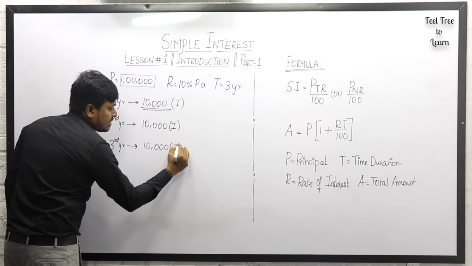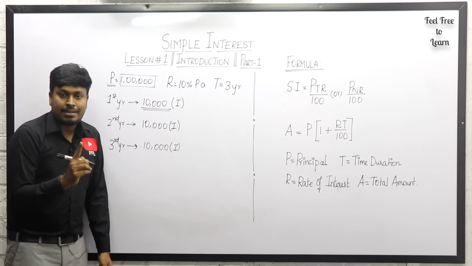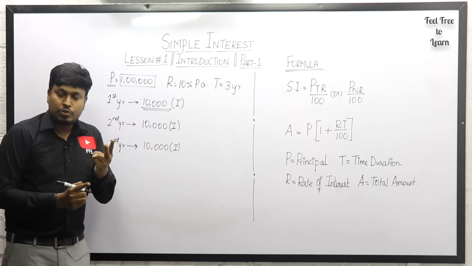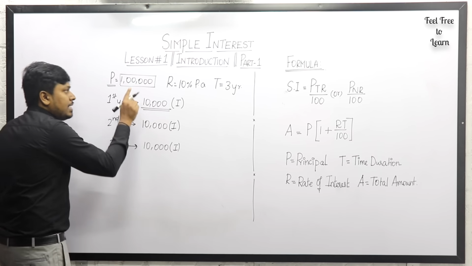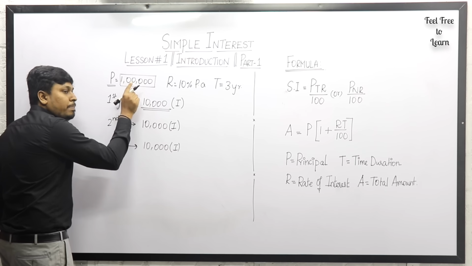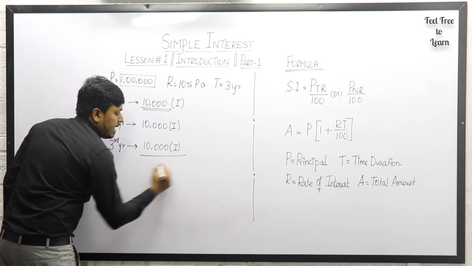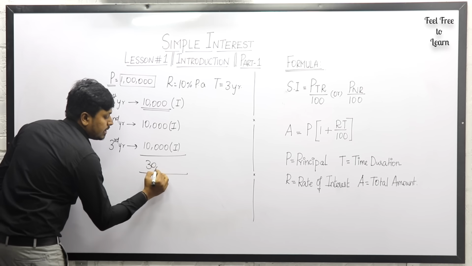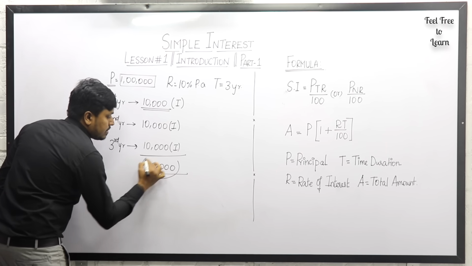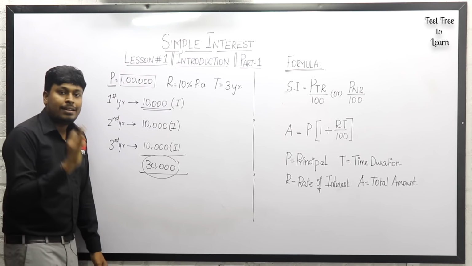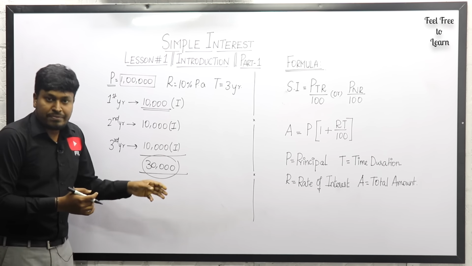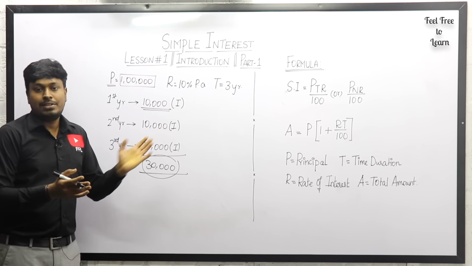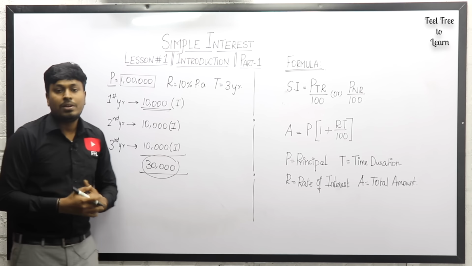So totally, the first year you have paid 10,000 rupees interest, the second year 10,000 rupees interest, the third year 10,000 rupees interest. So totally, for getting a 1 lakh rupees loan, you are paying a total interest of 30,000 rupees. This is the way the bank will calculate the interest. If it is the fourth year, calculate another 10%. Fifth year, calculate another 10%. It goes on until the time duration they have given.